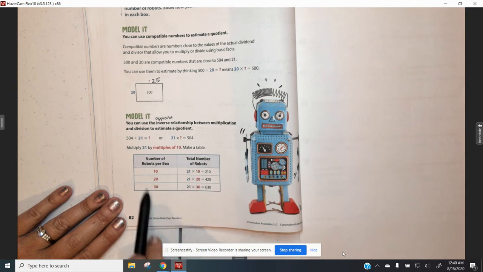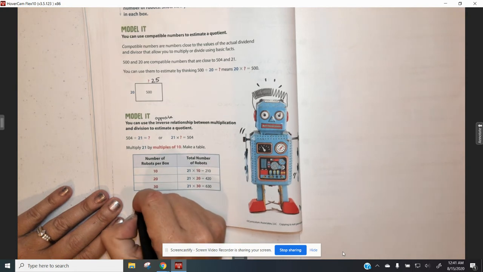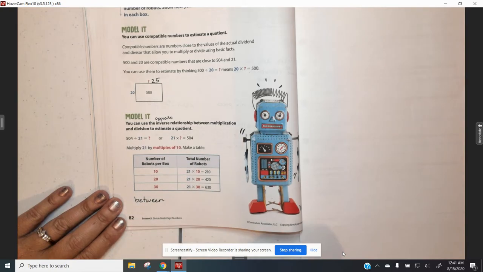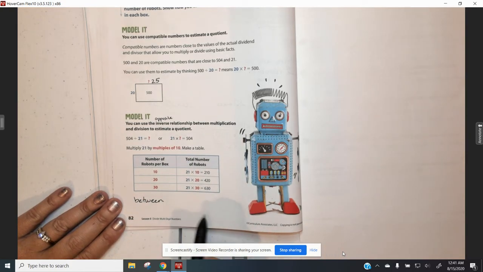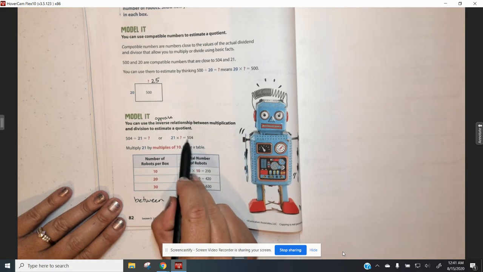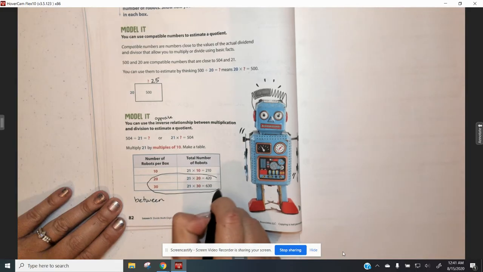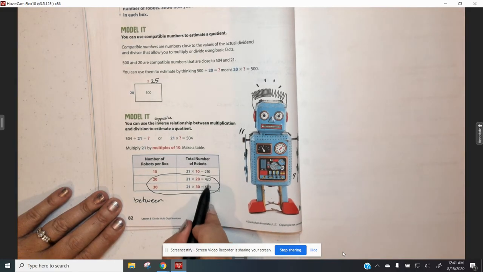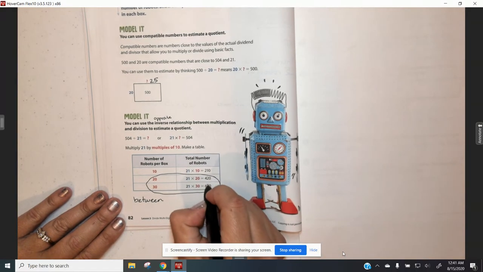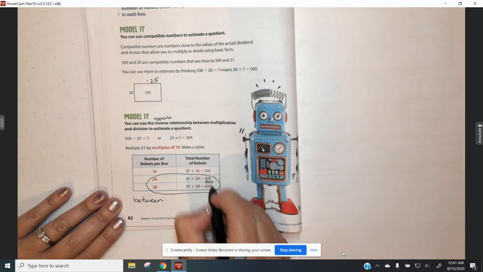So in this method, we would know the answer is between which two numbers of robots per box. Well, 504 goes between 420 and 630. It's in here somewhere, 504.